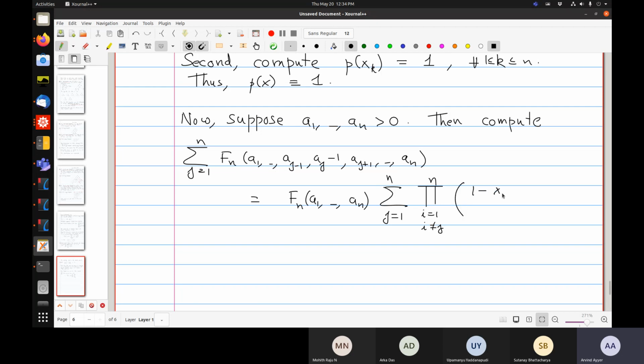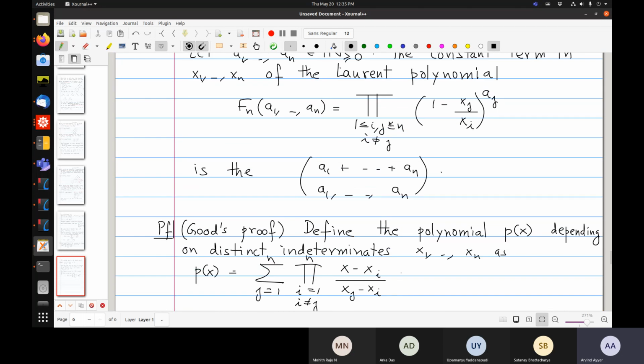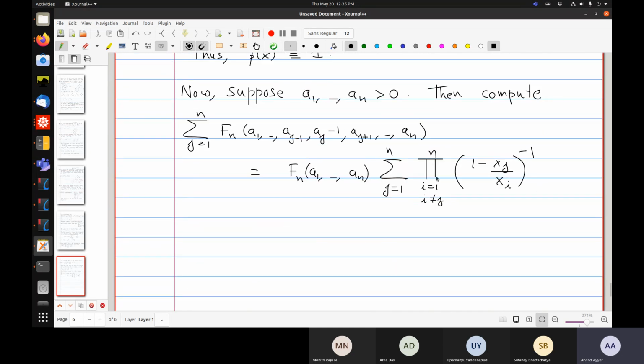This is 1 minus x_j by x_i raised to the minus 1. So I have to take this product, i not equal to j, and for all those i's, I will take one less factor. So that is this factor.